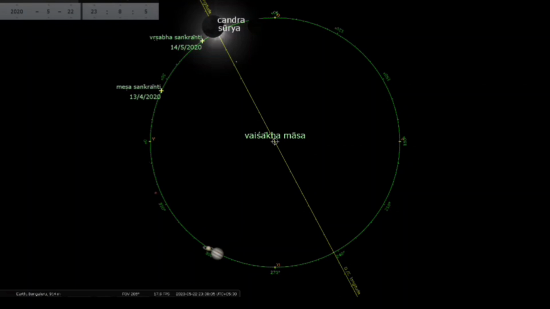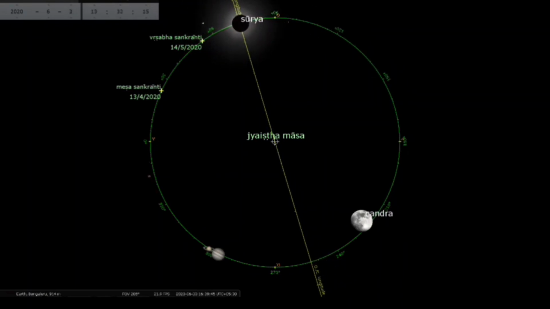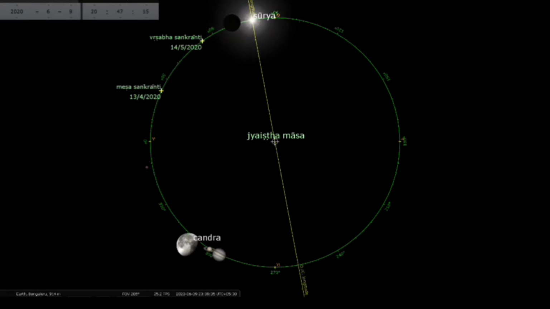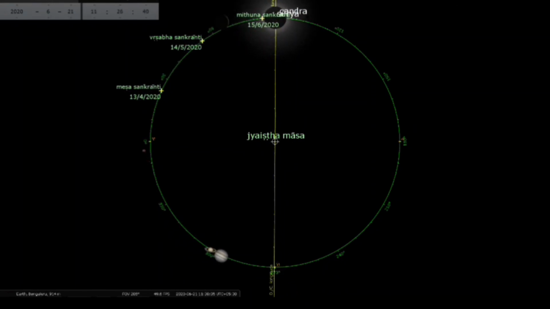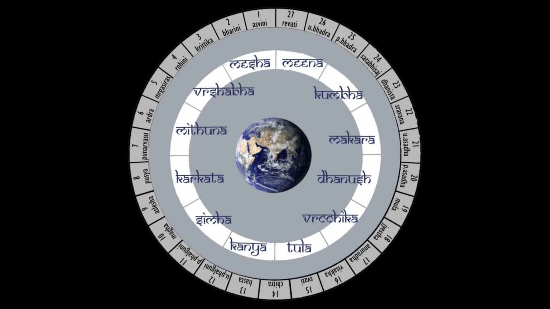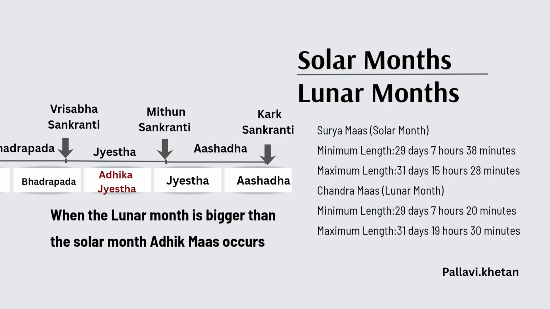So these nakshatras are not actually the zodiac, but nakshatras are the fixed stars. But at the same time, during the change of month, the sun is also transiting to a different zodiac, which is also called Sankranti or the solar month. So basically, whenever the lunar month is bigger than the solar month, as you can see, the minimum length of lunar month is 29 days and maximum length is 31 days.